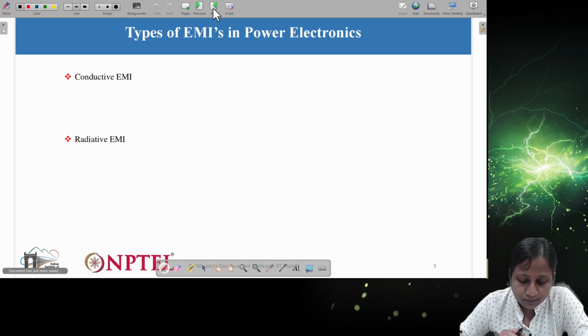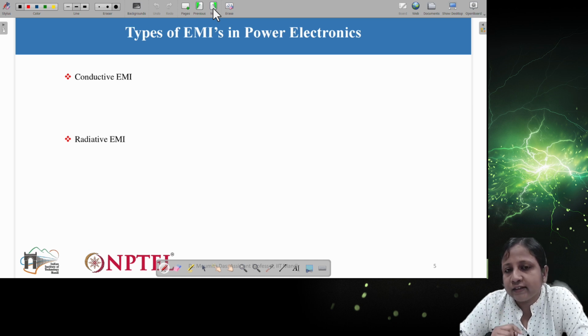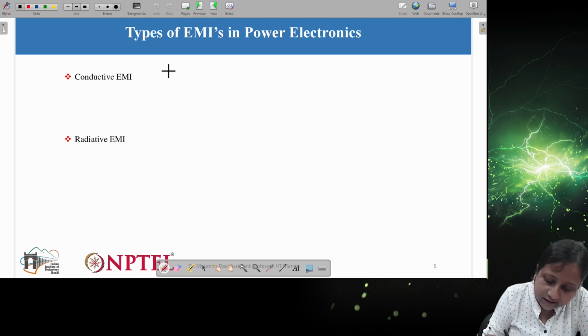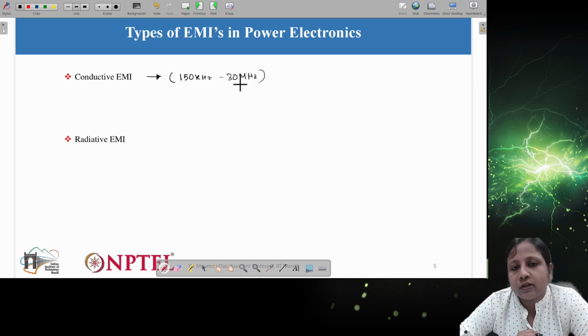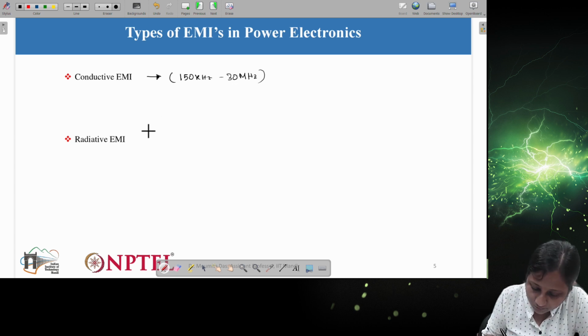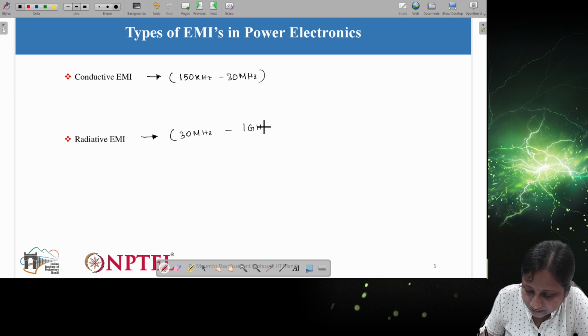Now when we say EMI in power electronics, conducted EMI is in the radio frequency range. This noise is generally present in the range of 150 kilohertz to 30 megahertz. When we say radiated EMI, this is generally in the range of 30 megahertz to 1 gigahertz.